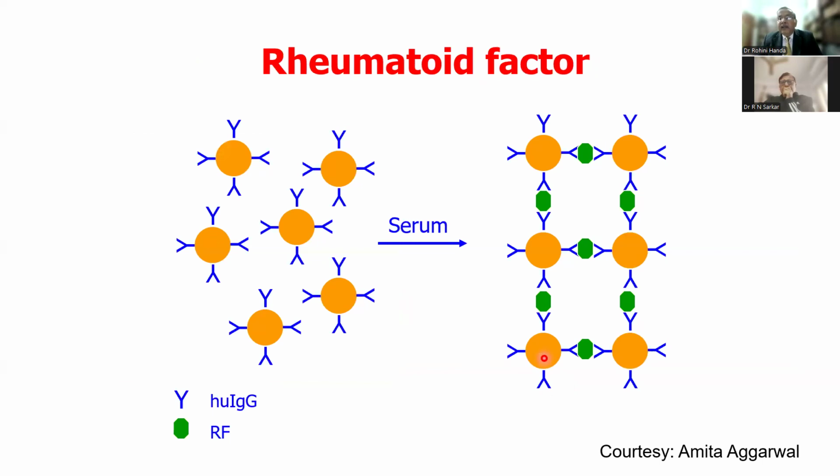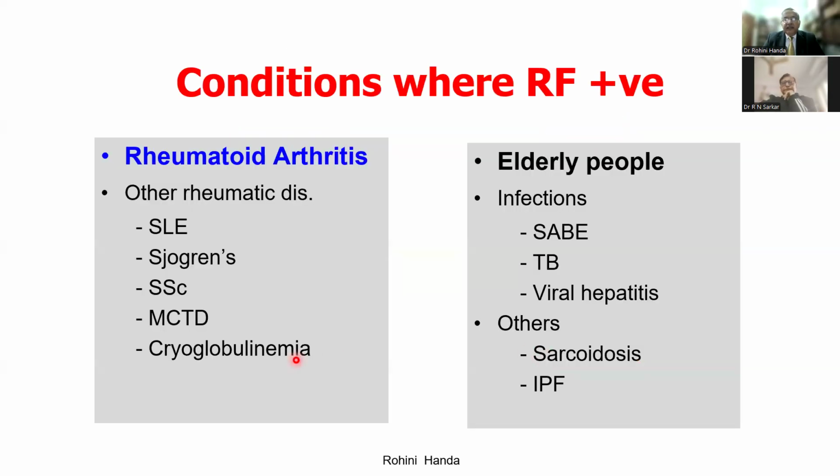Now, in a typical scenario, people order rheumatoid factor, a test which is widely ordered and equally widely misinterpreted. This is an overrated test. As you can appreciate, apart from rheumatoid arthritis, this is present in several other rheumatic diseases: lupus, Sjogren's, scleroderma. 5% of healthy elderly individuals will show low titer rheumatoid factor positivity.